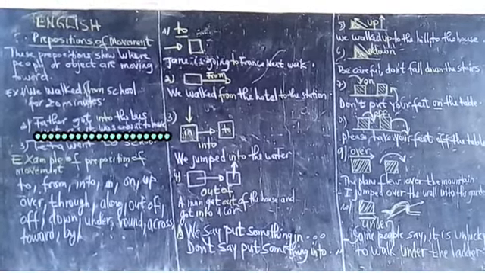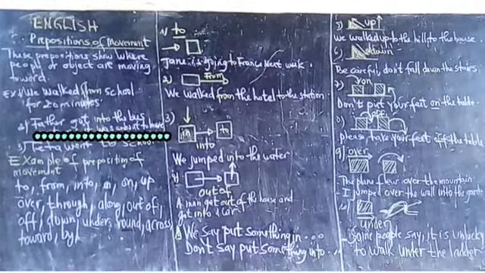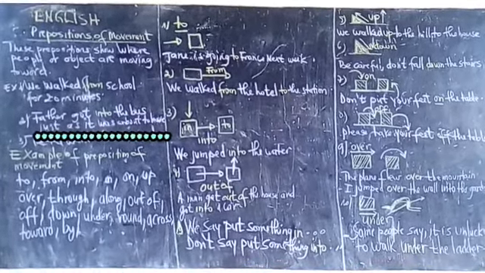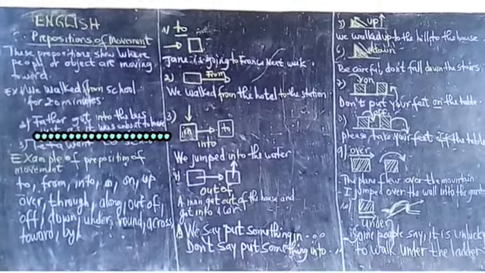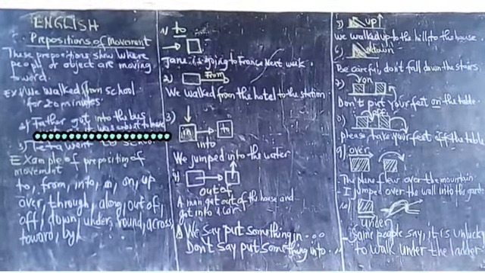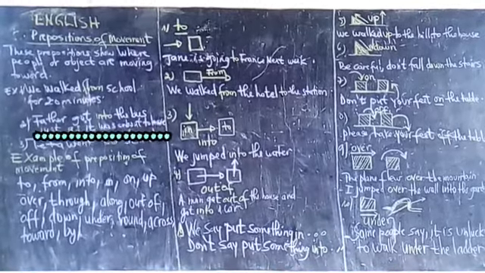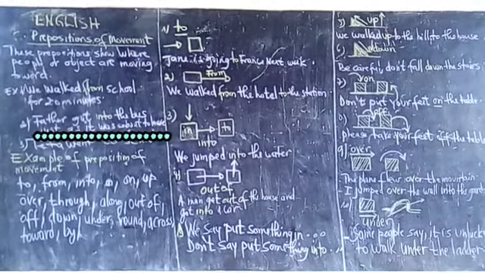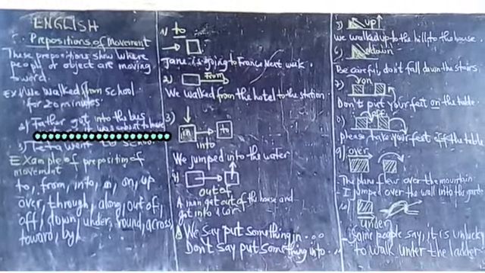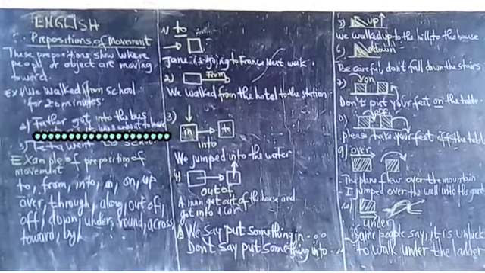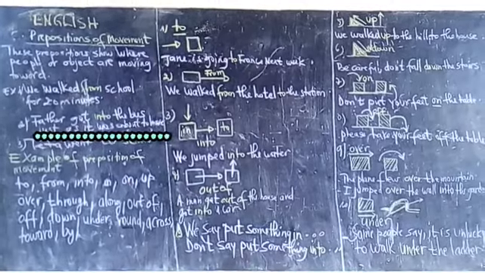Father got into the bus just as it was about to leave. Let me read again. Father got into the bus just as it was about to leave. As it is colored there, you can see that into is not the preposition of movement.